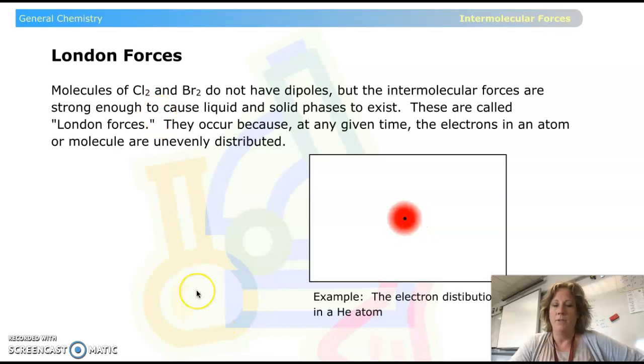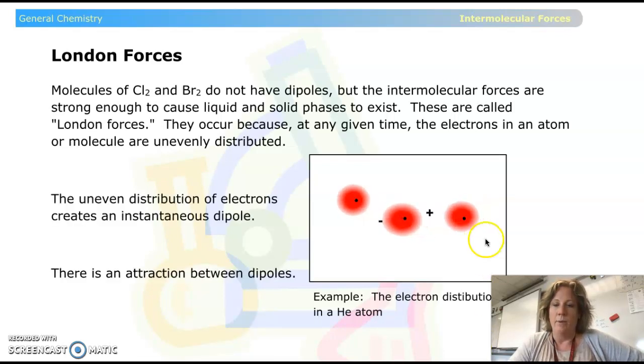London dispersion forces are when the electrons are temporarily more in one area than another, so it creates a temporary dipole. Unlike the previous dipole-dipole, where you have a positive and a negative end of the molecule that stays that way permanently, these are temporary. You can see the electrons moving, and there might be more negative on one side at any given instant.